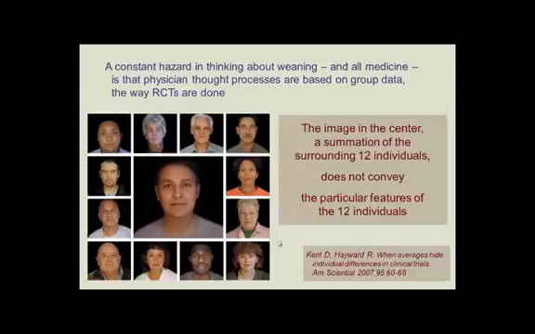If you look here at the 12 photographs that are shown here, you have a composite of the 12 photographs, which is the central one. You can see obviously the image in the center bears no resemblance to the particular features of the 12 people that are surrounding it. Yet this is a merging of these to give you the summation image.